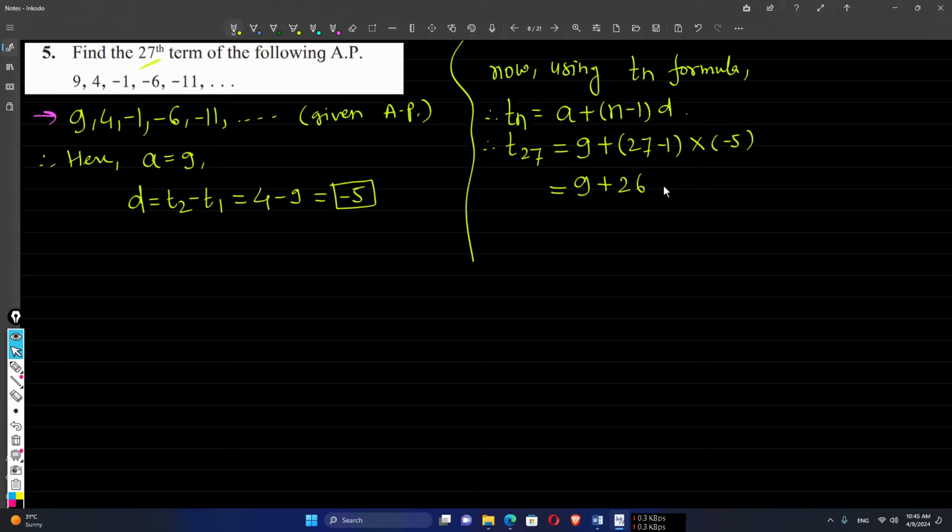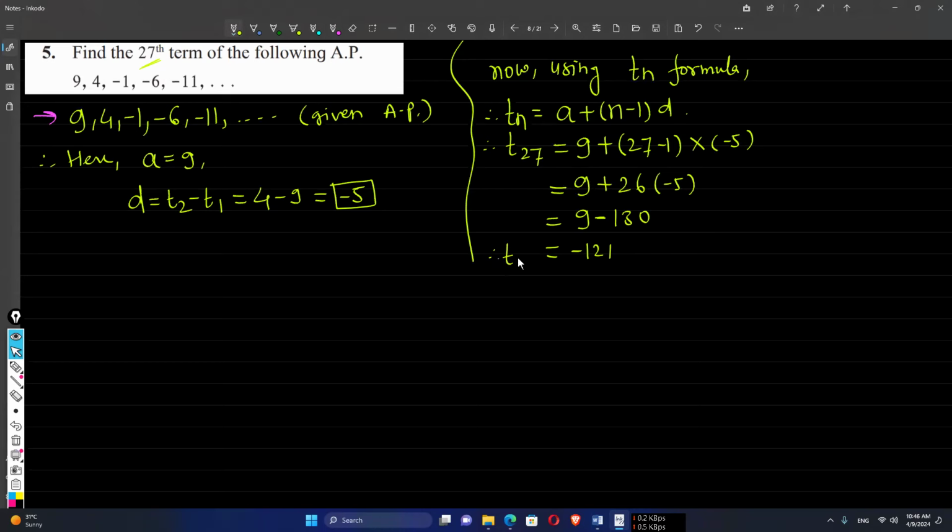9 plus 26 into minus 5, which will give us 9, and 26 times 5, which of course will give us a negative value, which is minus 130. So 130 minus 9 is 121. Since 130 is the greater number here, we will give the negative sign as the bigger number has a negative sign.